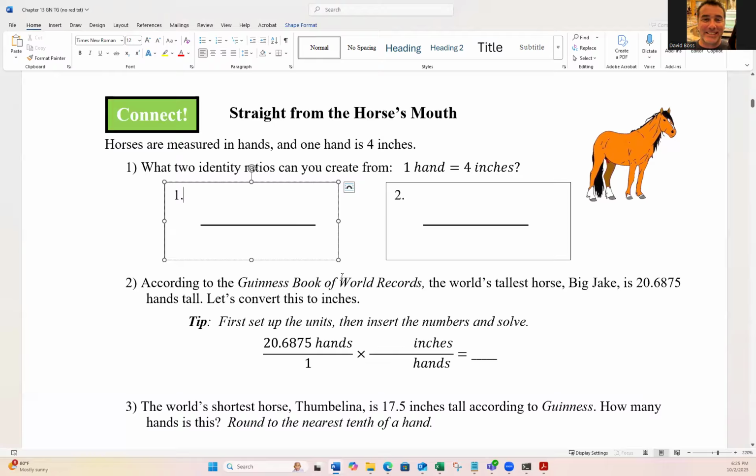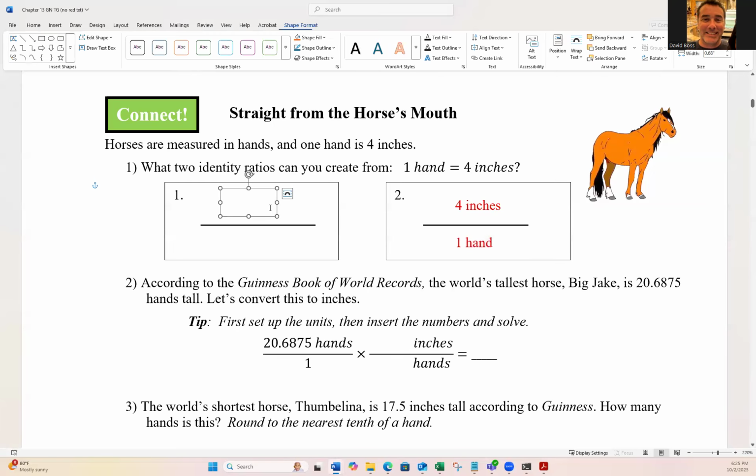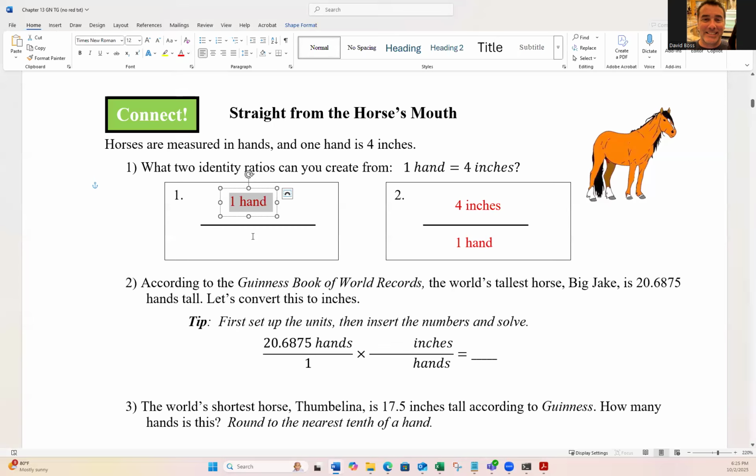Well, we're going to have, did I delete this? I'm sorry. There we go. So we have 4 inches over 1 hand. We have 1 hand over 4 inches.